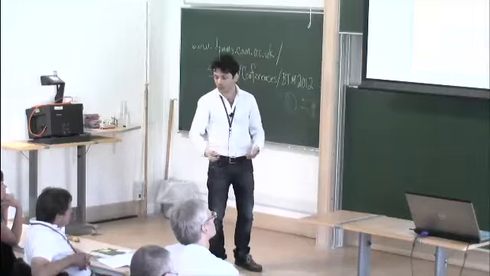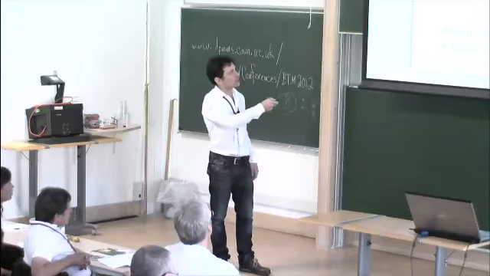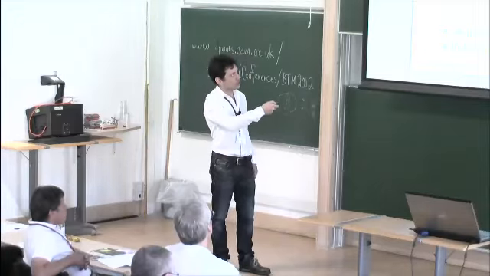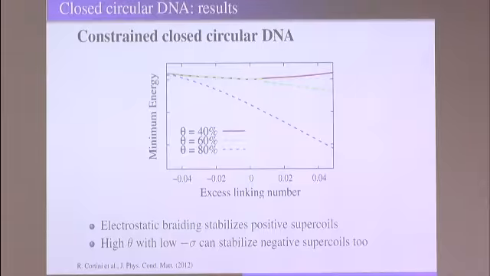But since the electrostatic braiding effect is actually an energetic advantage, once theta goes up to a sufficient amount, the energy of closed loop DNAs might become negative.